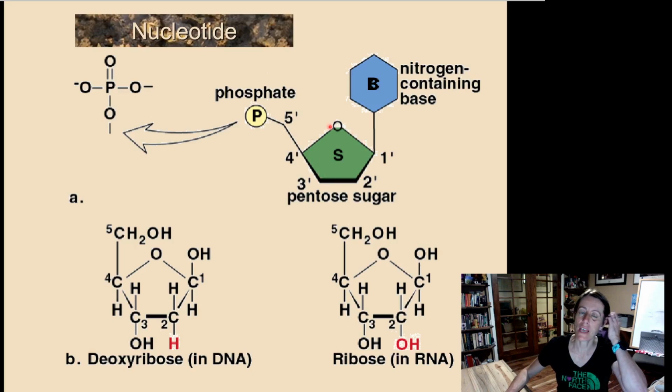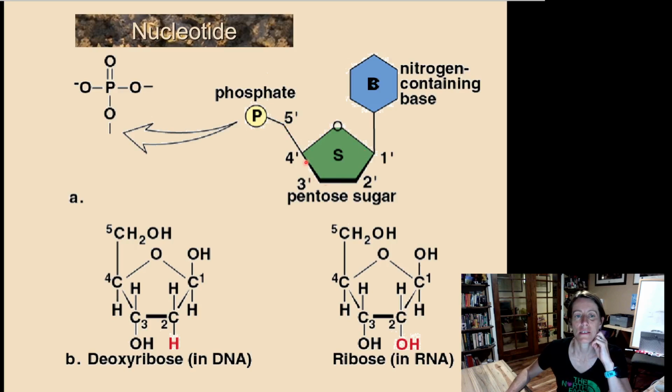Now this is a 5-carbon sugar. And it's in a ring, and anywhere where there's a changing direction here, there's a carbon. They're not showing you, but there's a carbon here, and a carbon here, and a carbon here, and a carbon here, and even a carbon here where this makes a little angle.